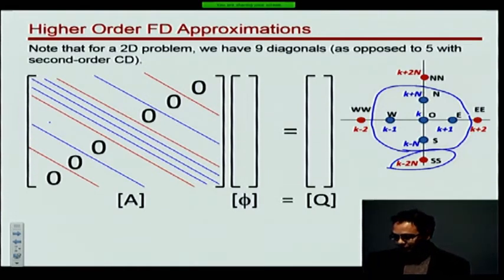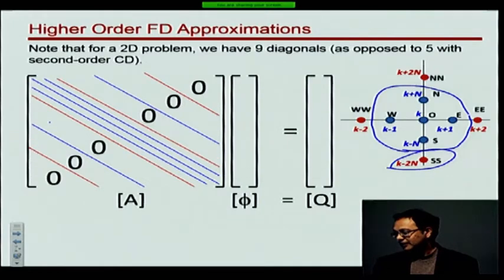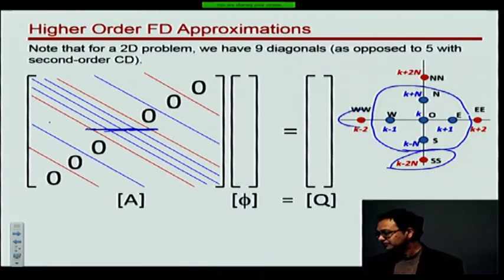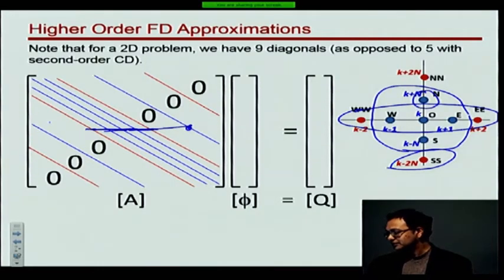Notice that instead of having 3 diagonals clustered in the middle, I now have 5 diagonals clustered in the middle, and that corresponds to these 5 points. Then when I move n spaces away, I hit the blue diagonal, which is this guy. Then I move n spaces this way, I hit this guy. I move further n spaces, I hit the red diagonal, and I move further n spaces this way, I hit this guy.